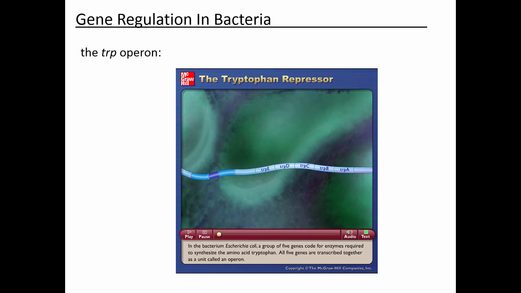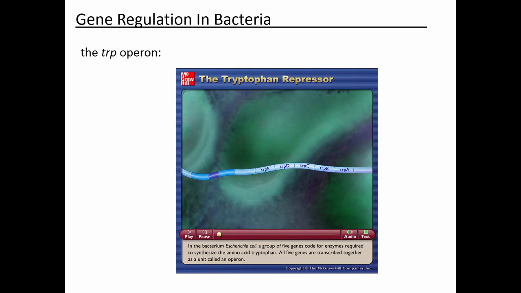Okay, so if you're a bacterial cell, just using what these genes code for, when do you think this operon is going to be expressed? And when do you think it's not going to be expressed? Right, so it's going to be on, meaning the operon will be expressed and you're going to transcribe it, when you lack tryptophan, and it's going to be off when you have tryptophan present.